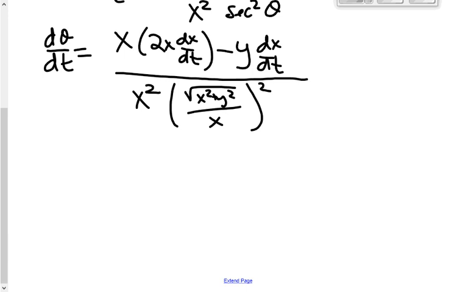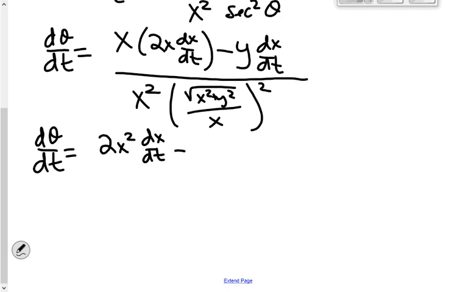And now, well, we could do some algebra, okay? Because what's y after all? X squared, right? So d theta/dt, if we combine here, that's going to give us 2x squared dx/dt.